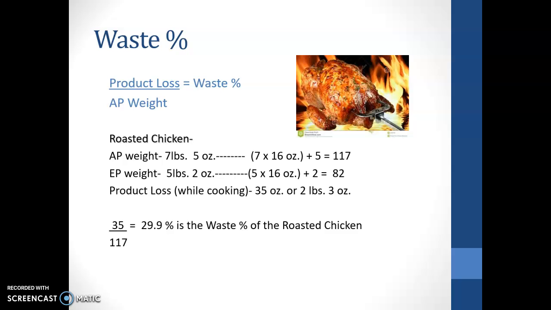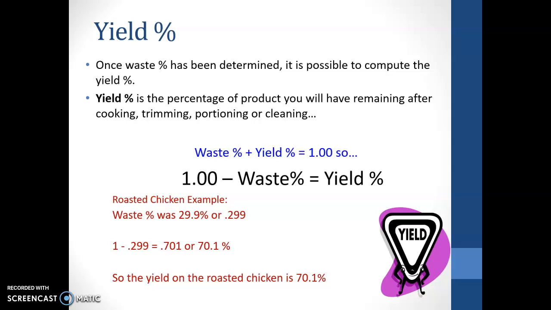We see that the waste percentage of the roasted chicken is 29.9%, which means the chicken had almost a 30% loss. This can be flipped to look at the yield of the chicken: turning around the formula, we see that the yield of the roasted chicken was 70.1%. That is the edible portion, the usable product that we can get.